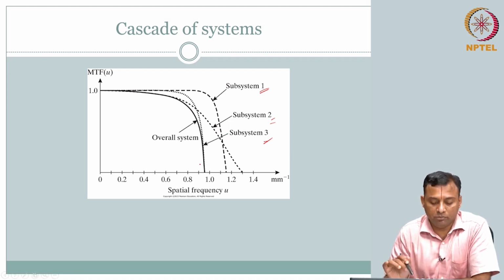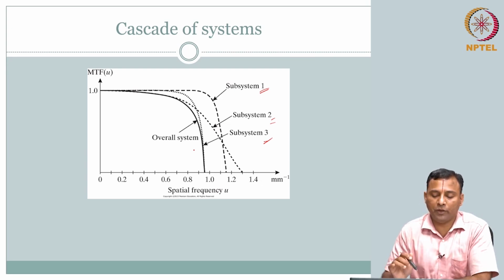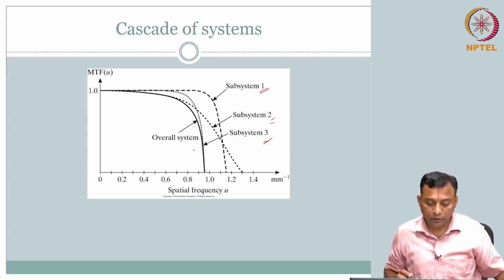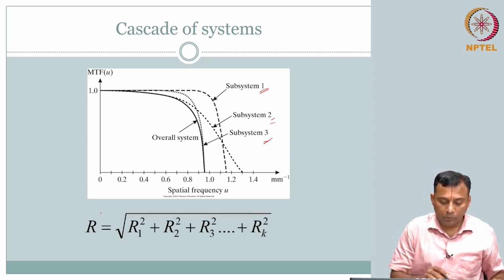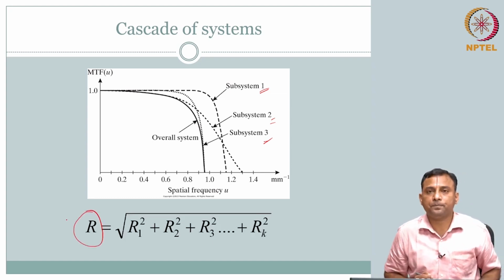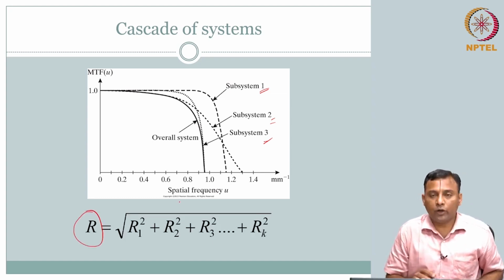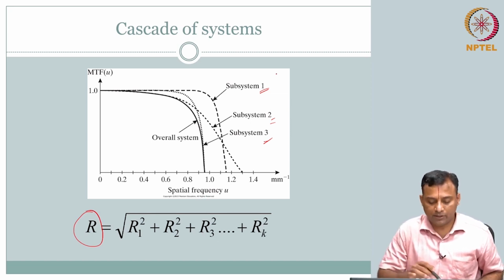Clear? So from the MTF you can clearly comment that your overall system response is always limited by the weakest individual subsystem response in the cascade. So if I want to put it together, I can talk about the effective resolution as the square root of the sum of squares of the independent subsystems' resolutions.